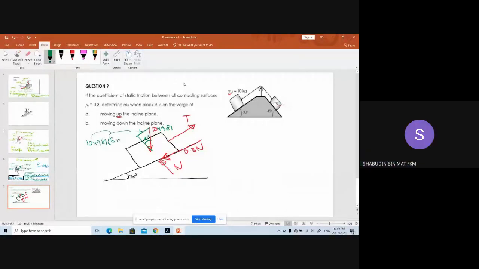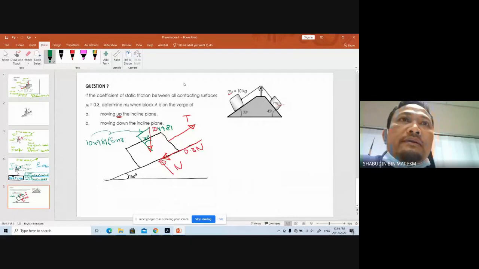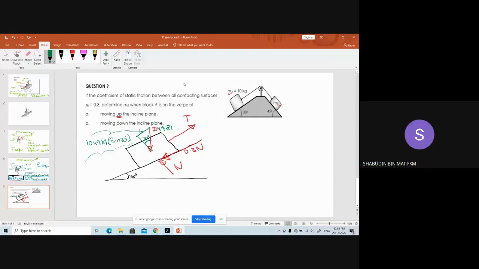The other component is 10 times 9.81 multiplied by cos 30 degrees. Okay, that's it.